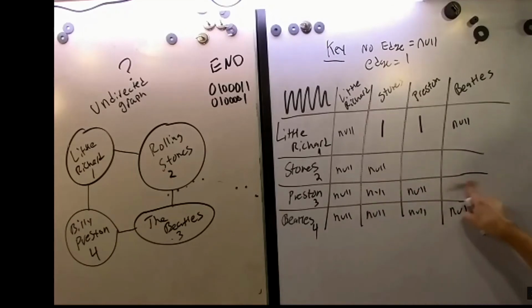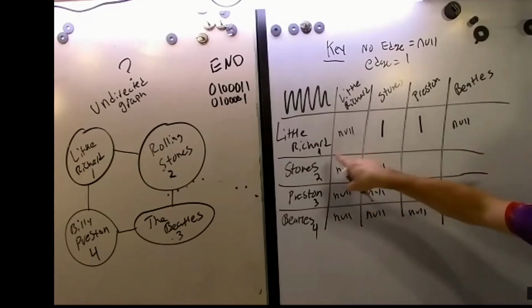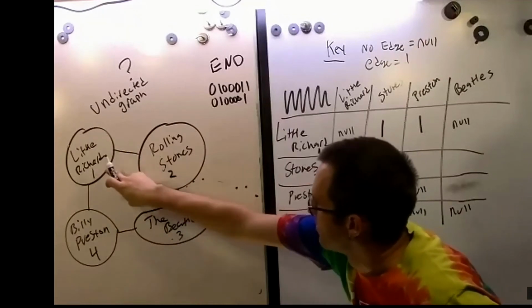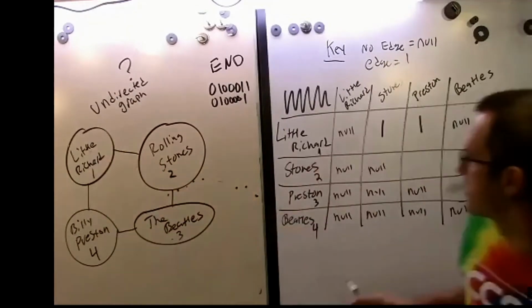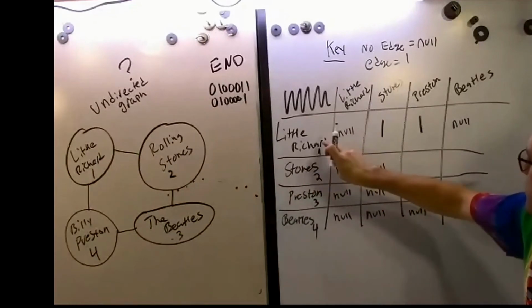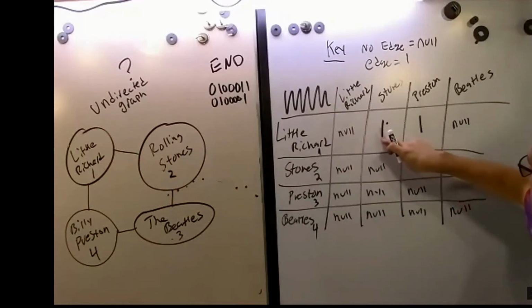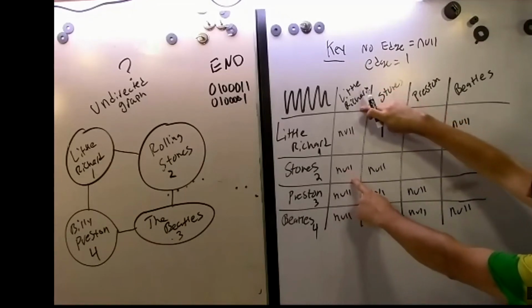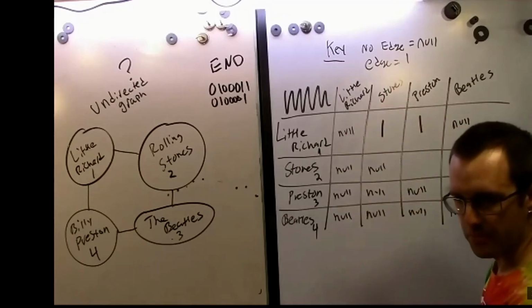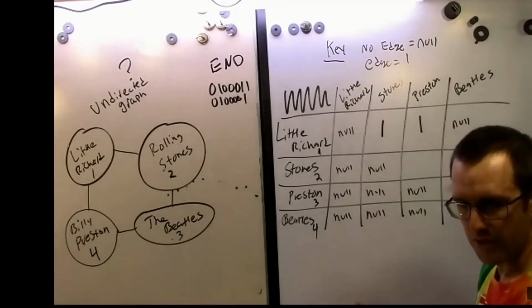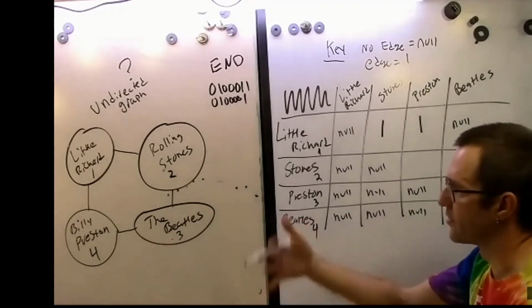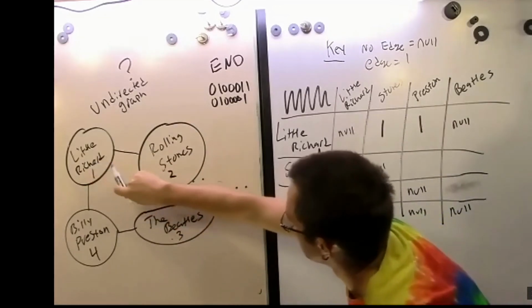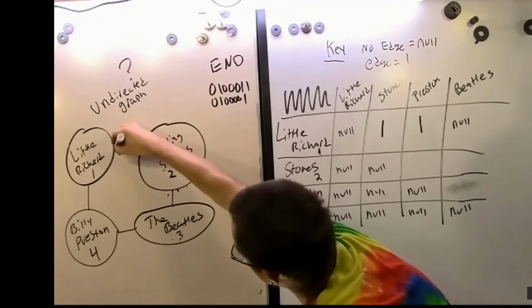Oh, nope, need that one. Because this doesn't have an arrow on it, the only thing we can have is, are these connected or not? So notice that Little Richard connected to the Stones could be coded here or here. If it were directed, meaning we had record of one artist actually drawing on the music of that other person, it might be the case that the Stones drew from Little Richard, so the direction would be like that.